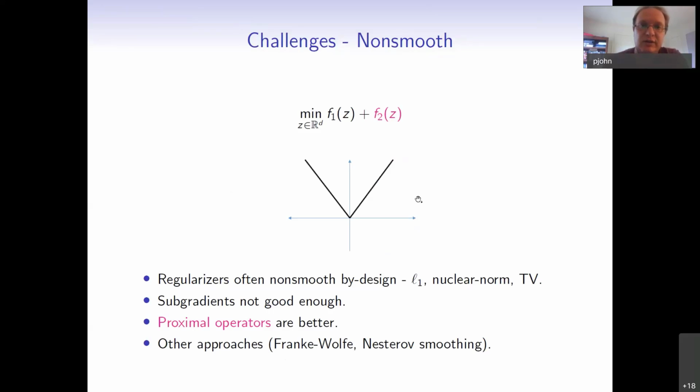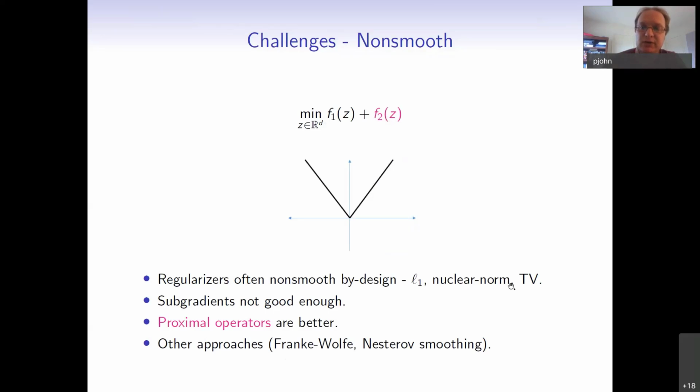Other challenges on our minds when we design these algorithms have more to do with the actual optimization problem, and that is that there'll normally be some kind of non-smoothness, non-differentiability in the problem. So we have an objective that is the sum of two functions. The regularizer is chosen to be some non-smooth function, like the L1 norm, Euclidean norm, or total variation norm.